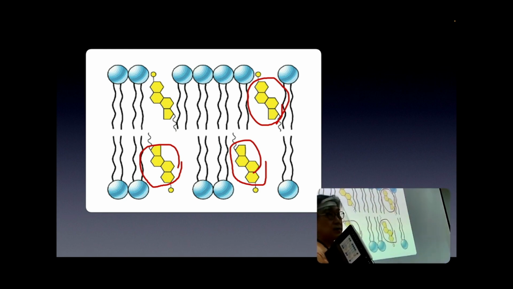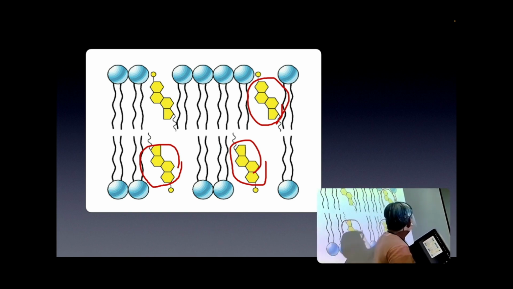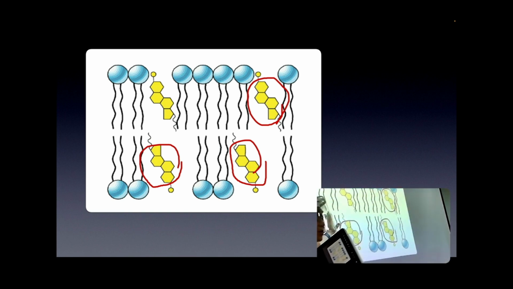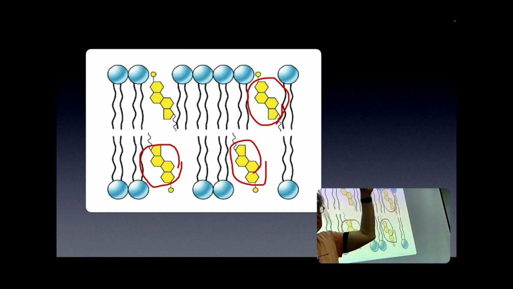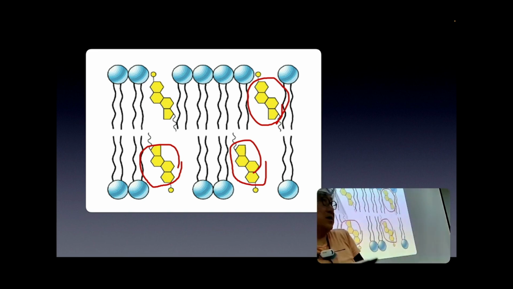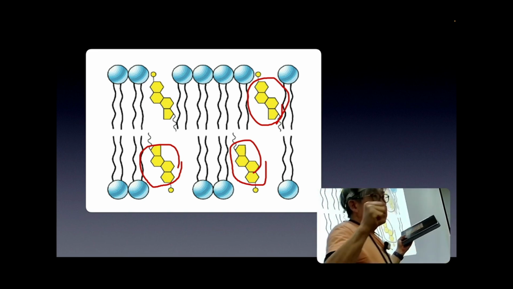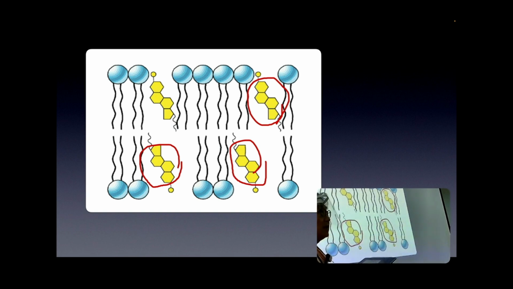And the same thing happens here in your cell membrane. Without this kind of steel beam-like structure, cholesterol, the cell membrane itself is too weak, structurally speaking. So it cannot provide some kind of resistance or strength as a single cell.